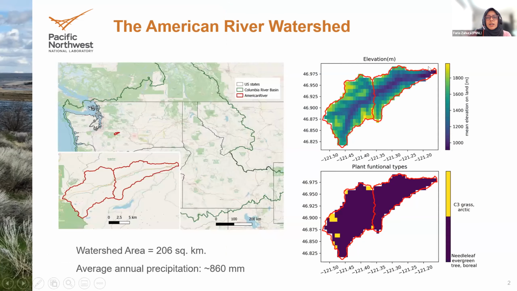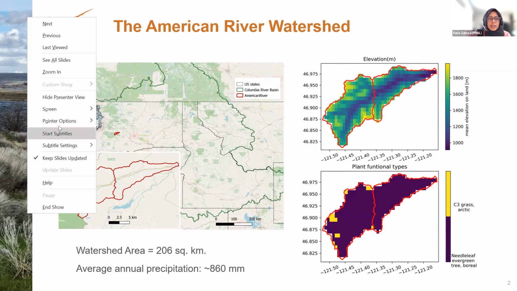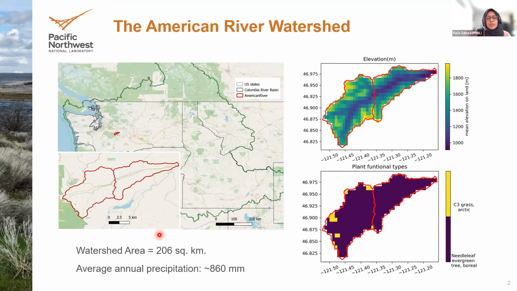So the watershed we'll be simulating today is the American River watershed, and it's located in Washington state. You can see this red polygon here inside the huge Columbia River basin. And here is a zoomed picture of the watershed. The American River watershed has an area of 206 square kilometers, and it experiences an average annual precipitation of 860 millimeters.